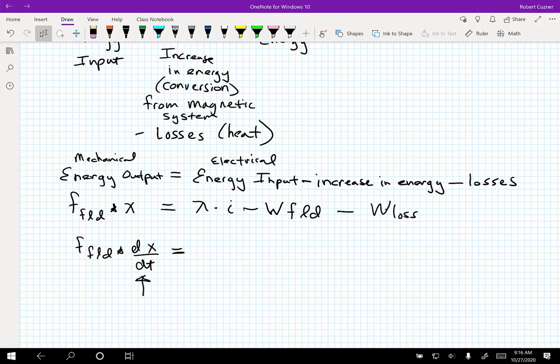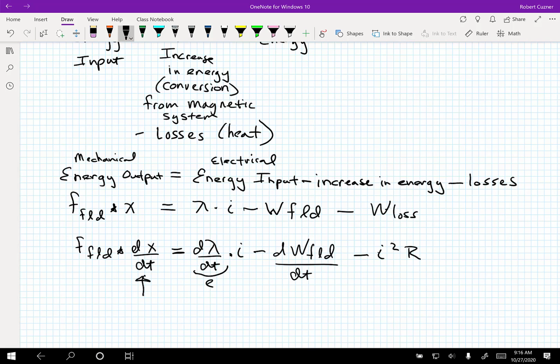And then on the other side of the equation, you're going to get the derivative of the flux linkage times the current. Now we know that this is voltage. So it's voltage times current minus the derivative of the magnetic energy increase minus the losses. So we could just say that's I squared R losses.